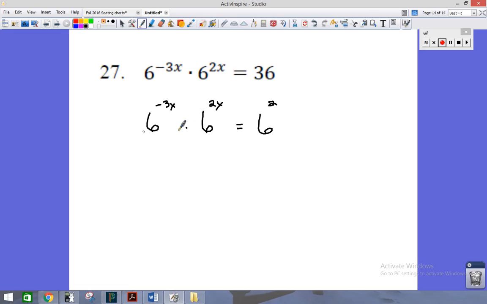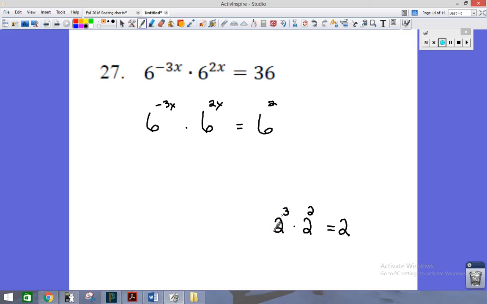Well, we have properties that deal with exponents. If you have the same base, suppose we had the number 2 being raised to the third power, and then I have the number 2 being raised to the second power. Is there a fast and easy way to determine what the new exponent would be?